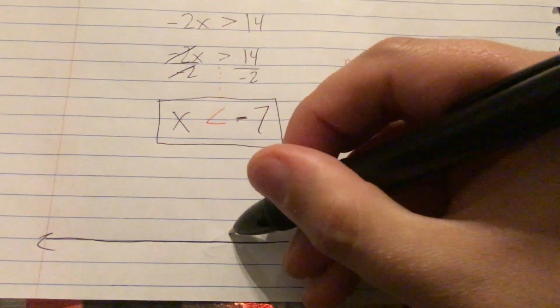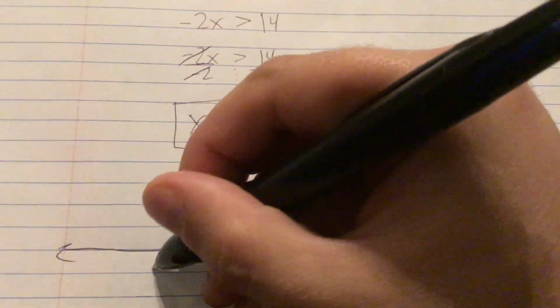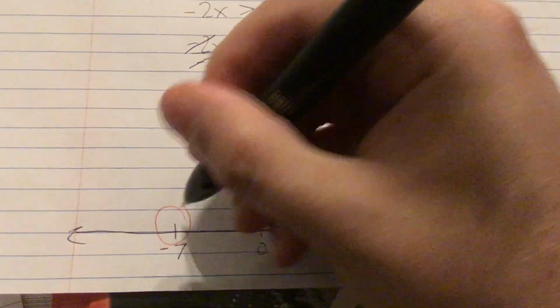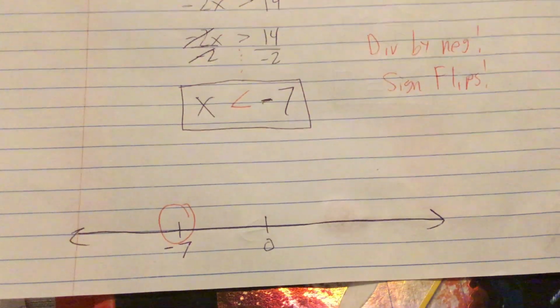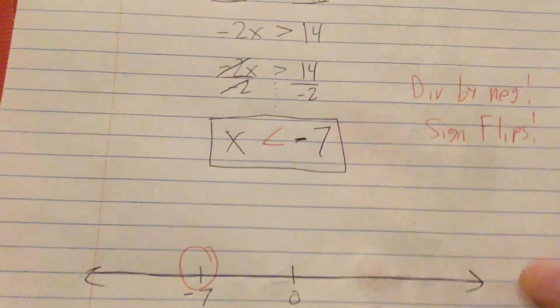So now we put 0 in the middle. Negative 7 is on the left. I'm going to circle our endpoint. And where am I going to shade? To the left or to the right? To the left. x is less than negative 7, so it's all values shaded to the left.